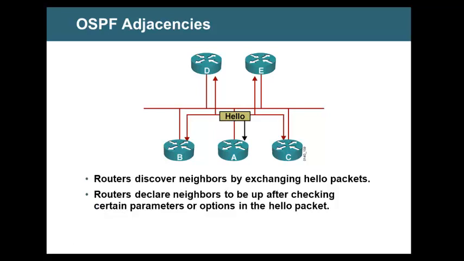And if you have authentication, then that also should match. Authentication type and authentication key, both should match. And if you have stub configured, then the stub type also should match. If any one of these is not matching, the neighborship won't come.